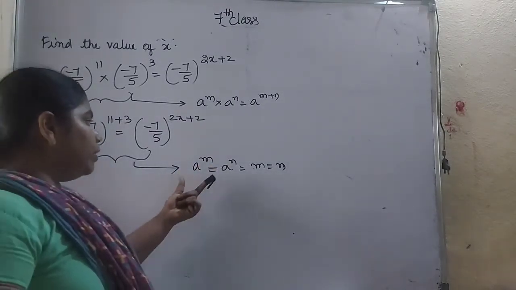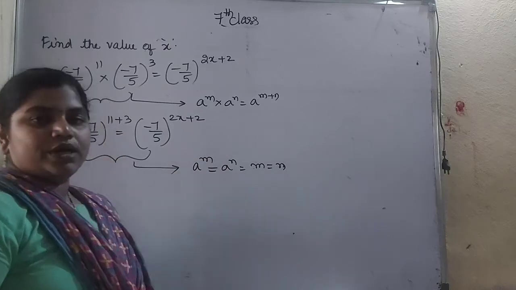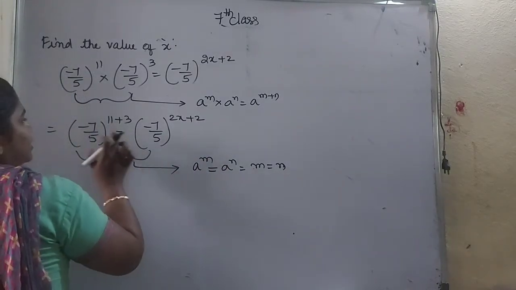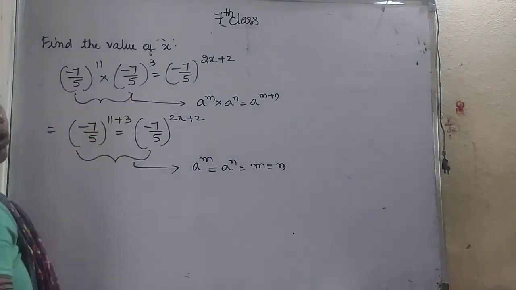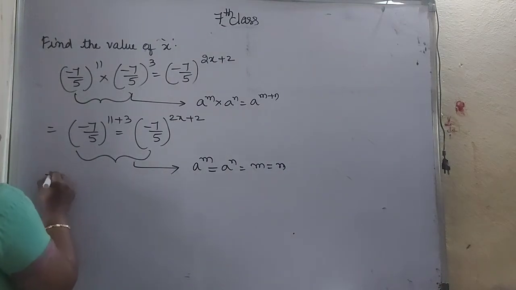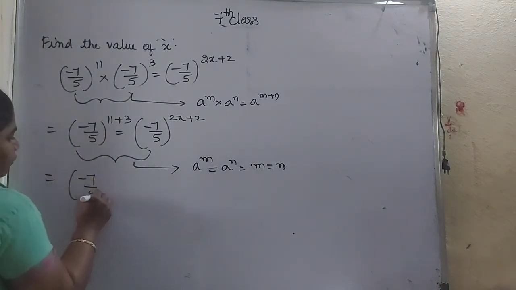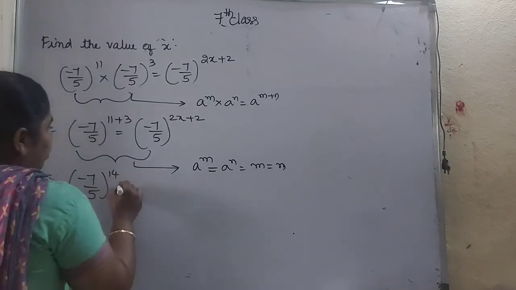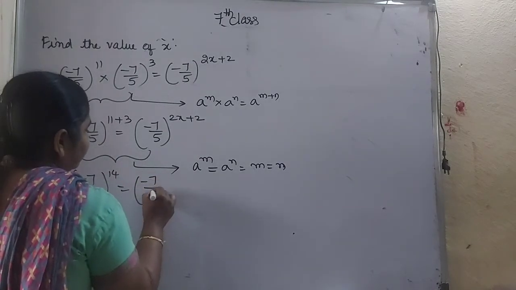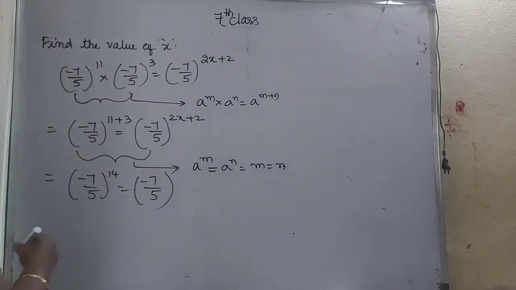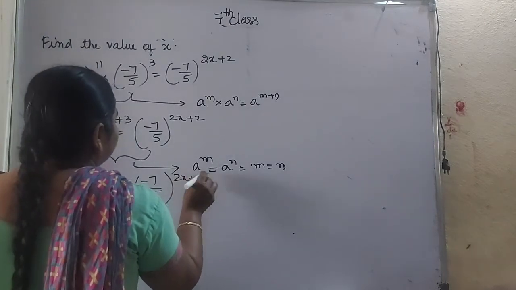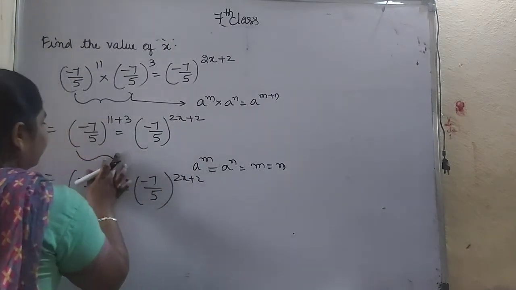Now this one we can write as (-7/5) power of 14 is equals to (-7/5) whole power 2x plus 2.